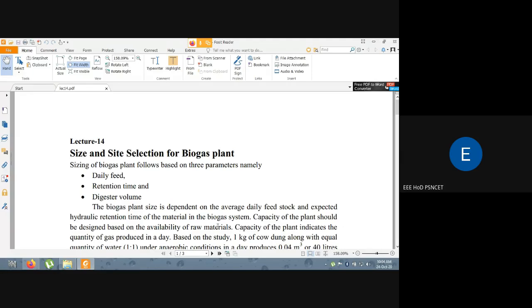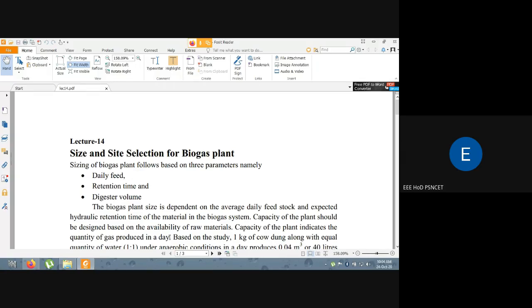So the capacity of the plant indicates the quantity of gas produced in a day. Depending upon the size of the digester, the gas generation will vary. If we have a large digester chamber, it can generate a huge amount of biogas.